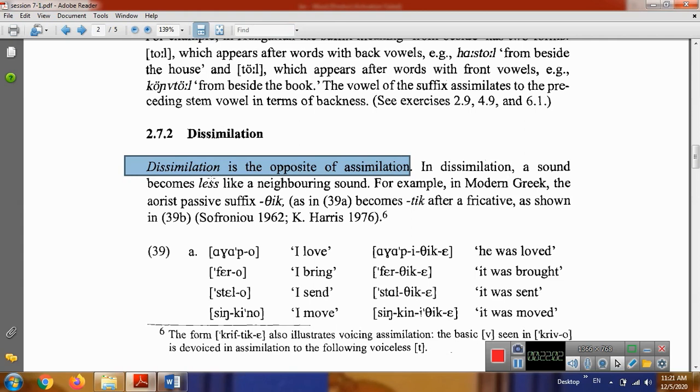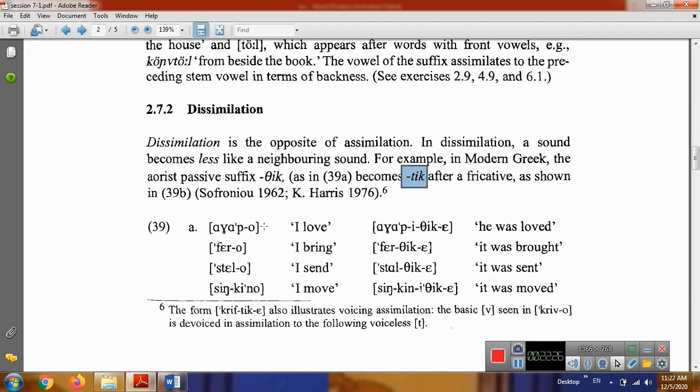For example, in modern Greek, the passive suffix -thike, when we have this line and after that a sound, we consider it a suffix, becomes -thike after a fricative, as shown in 39. Here we can see this data.